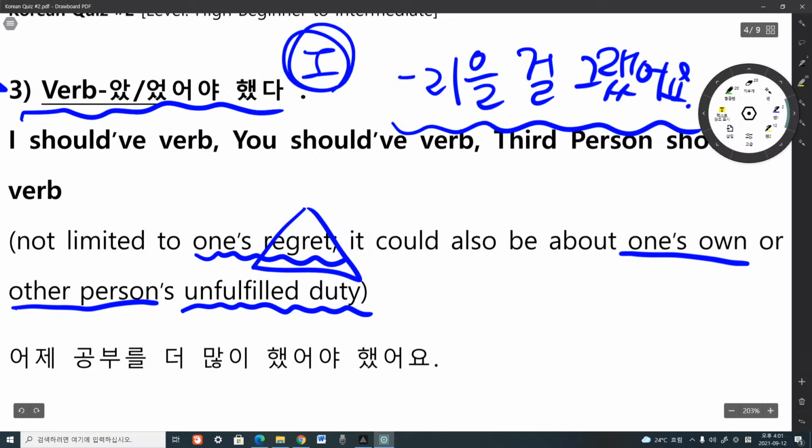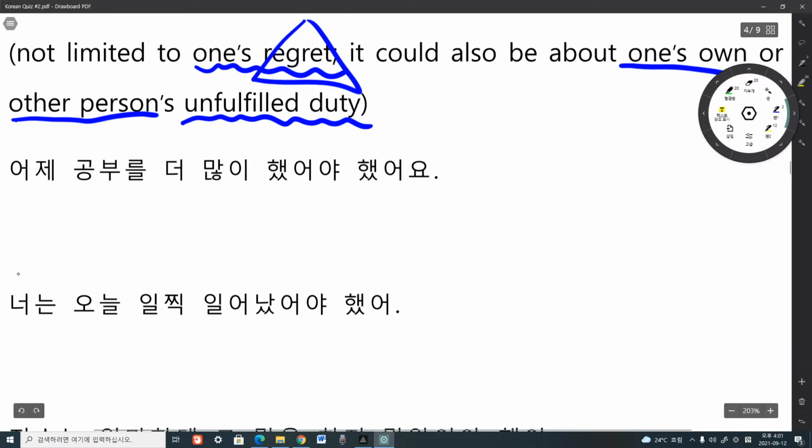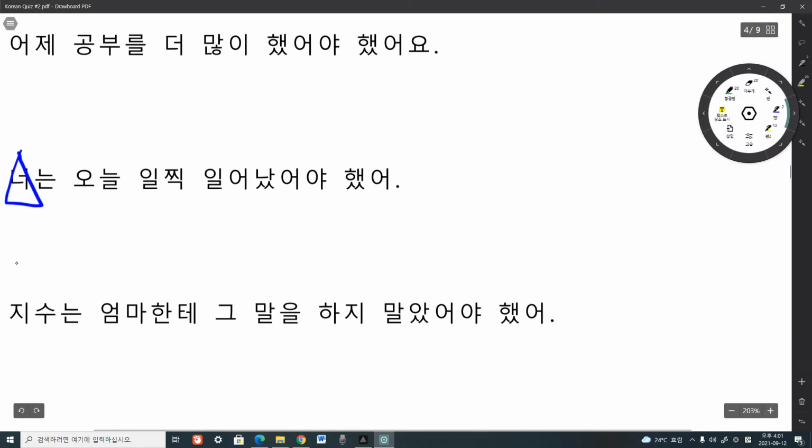Which makes sense because you're talking about your own regret. But this 했어야 했다 can also be used to talk about other people as well. So the subject can not only be I, but also you or the third person, like 지수, Jeff, Mom.